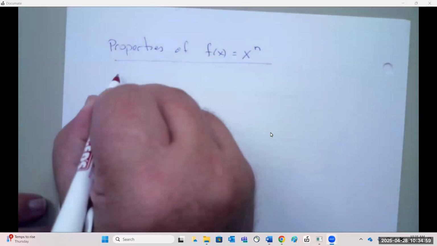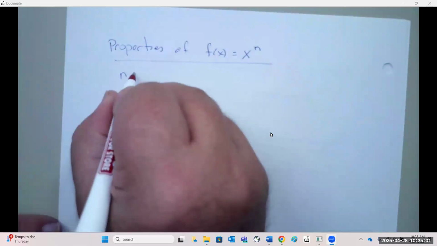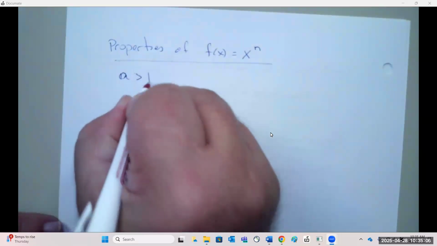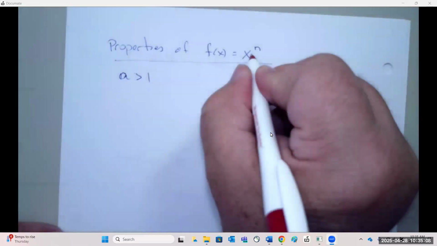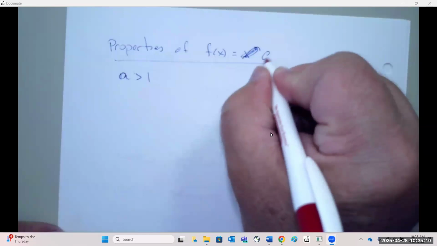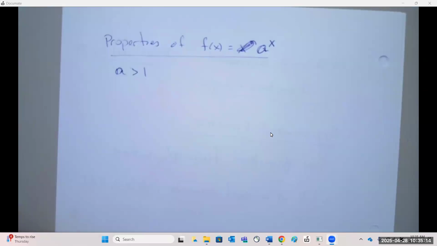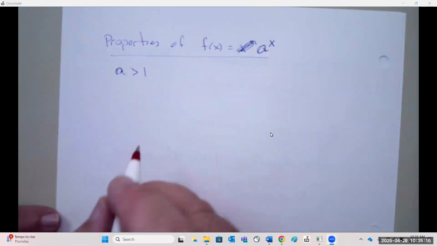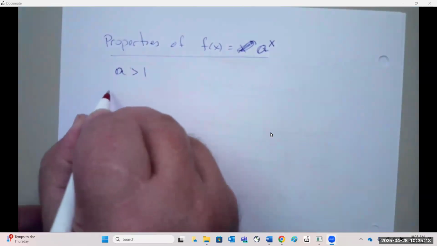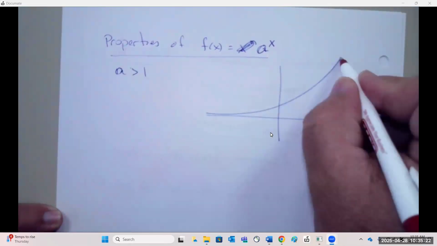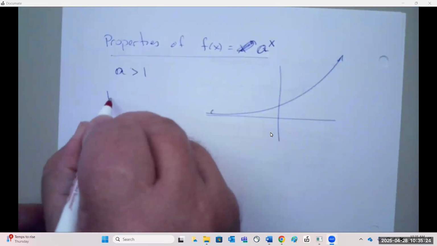For this first one, we're going to look at a being greater than 1. It's an increasing function.